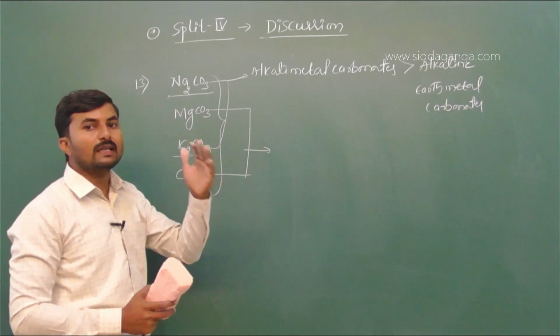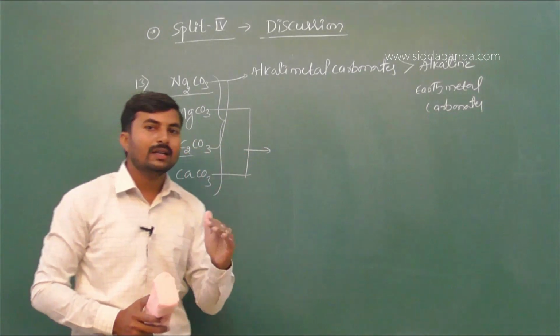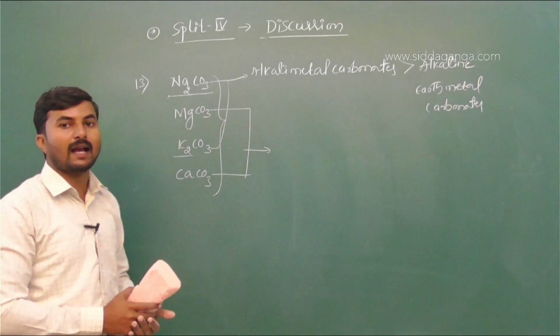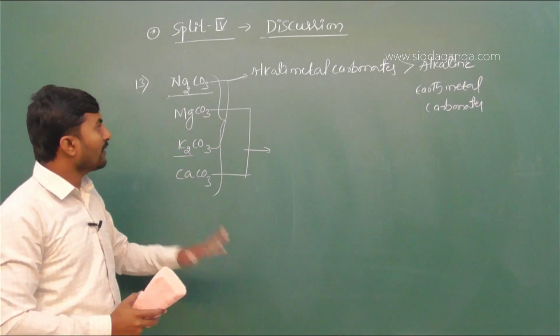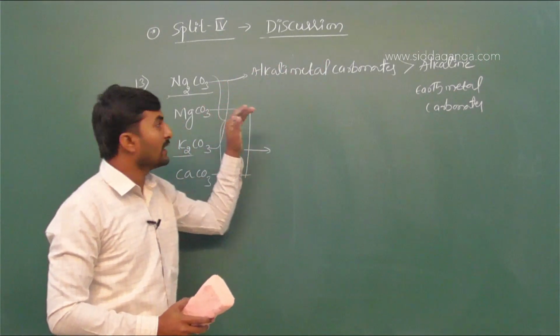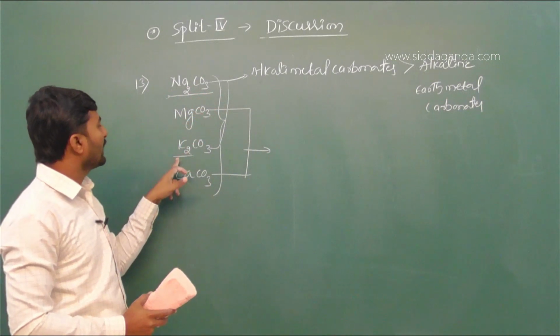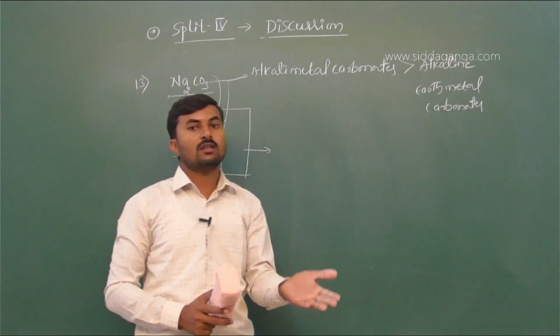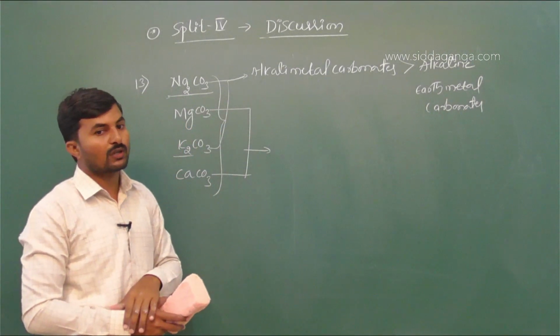If the molecule is less stable, then it can undergo decomposition easily and produce carbon dioxide more easily. So in that context, alkali metal carbonates are more stable, meaning Na2CO3 and K2CO3 take much more energy to get dissociated or decomposed.